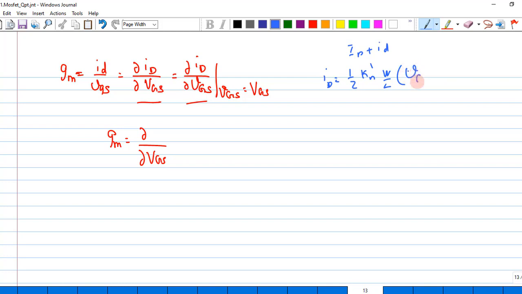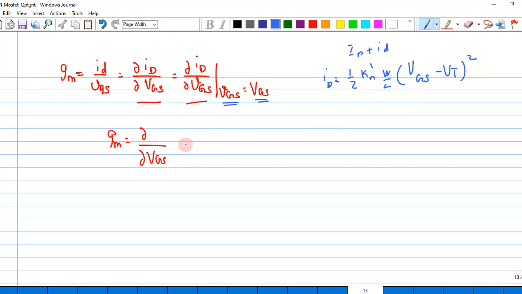Composite only, I have to write it, minus VT the whole square. But what I said is that I'm just going to take a derivative with respect to VGS where this composite signal is being evaluated only at capital VGS. So before I substitute here, I replace this composite signal with the capital VGS, and then I do the derivative.